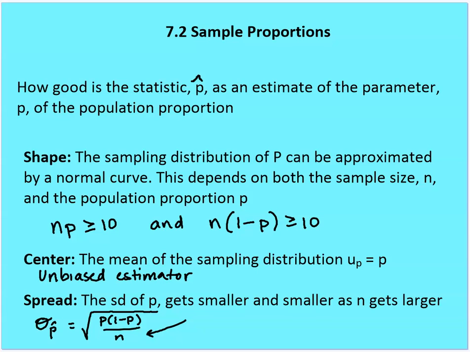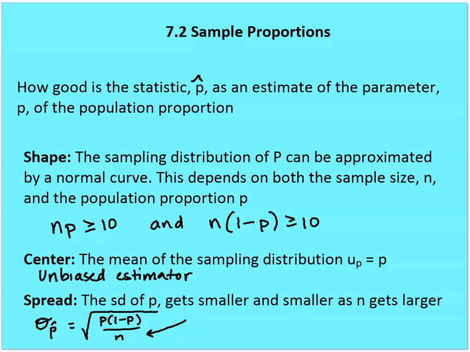Then we can say that the curve for the sample is a normal curve. Additionally, we can use the equation for the standard deviation of the sample proportion, the square root of p times 1 minus p over n, when the 10% condition is met.